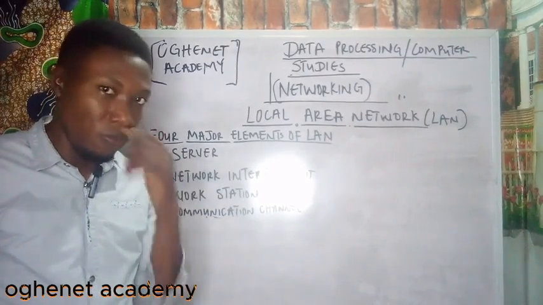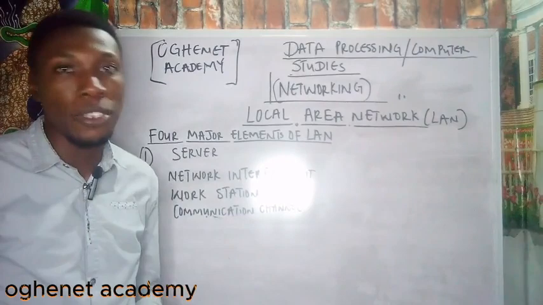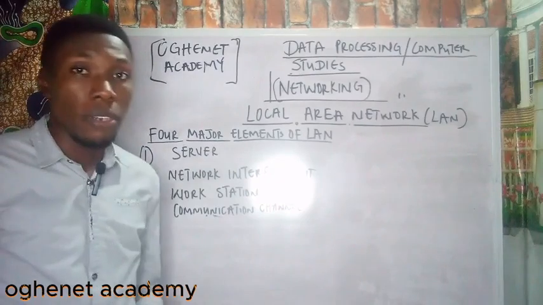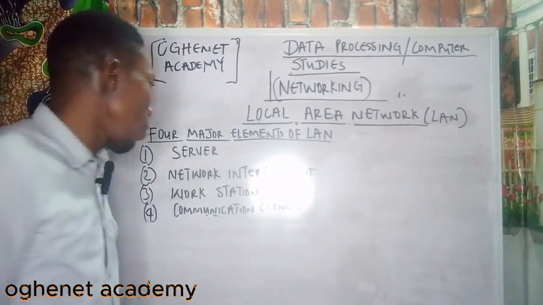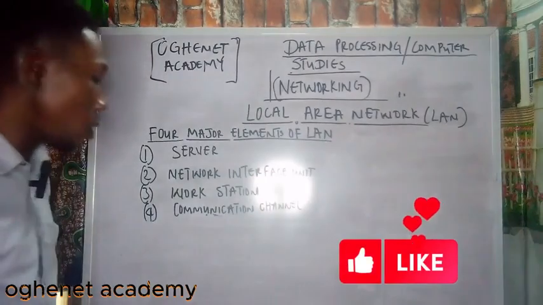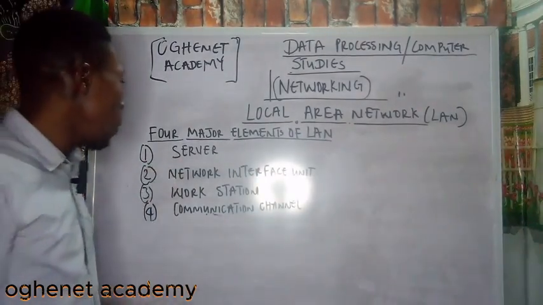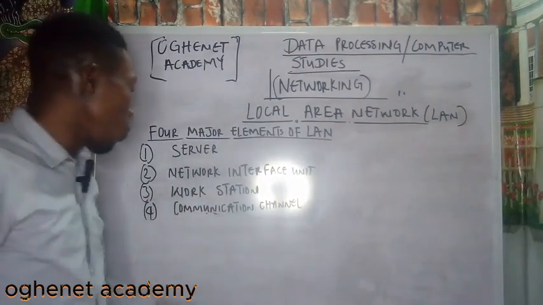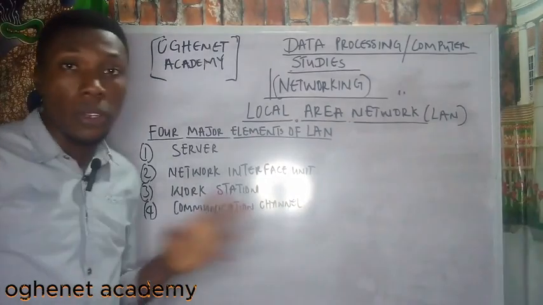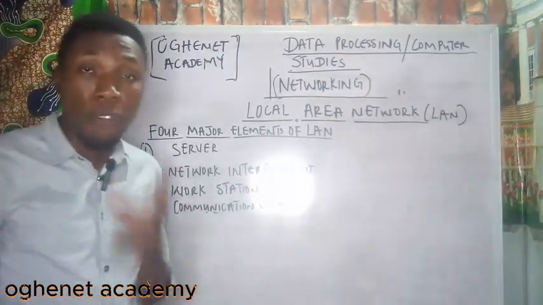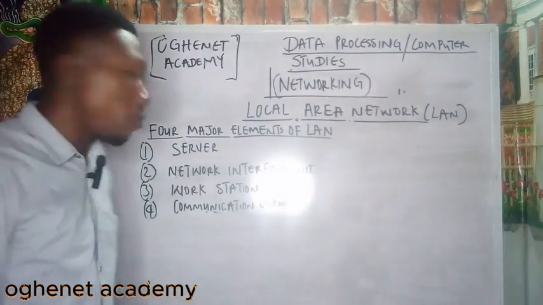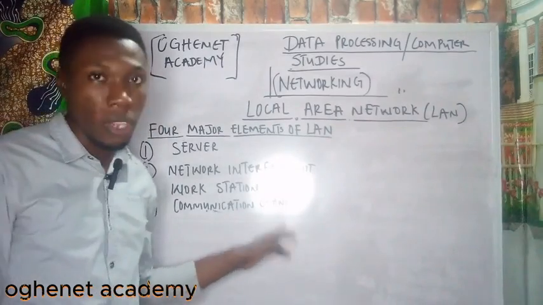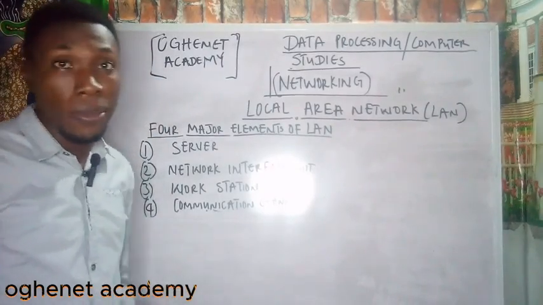We have been going through an interesting series for the past couple of tutorials, and we've dealt with the server, the network interface unit, and the workstation, and today we'll be concluding this series of the four major elements of the local area network with the communication channel.